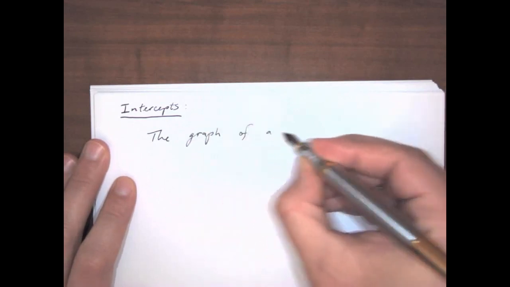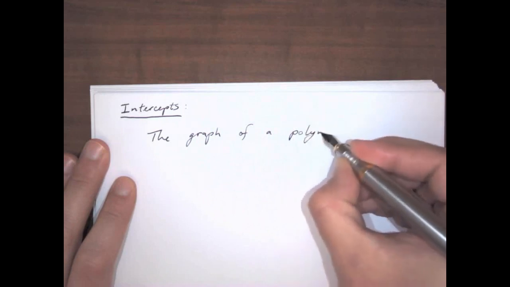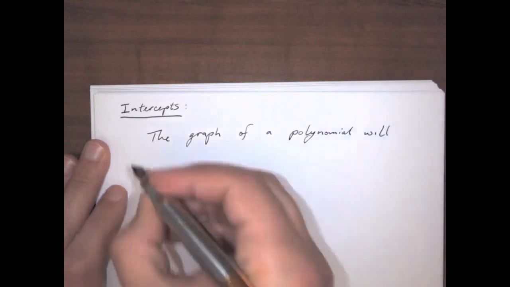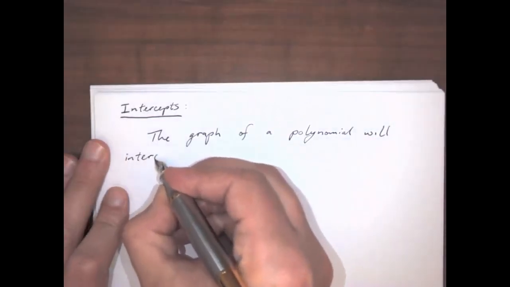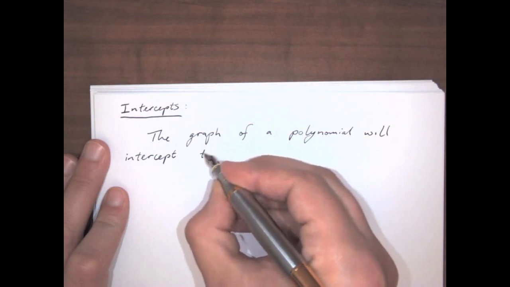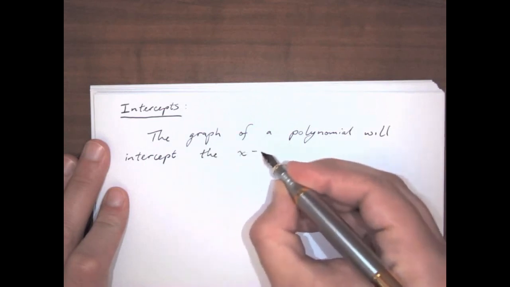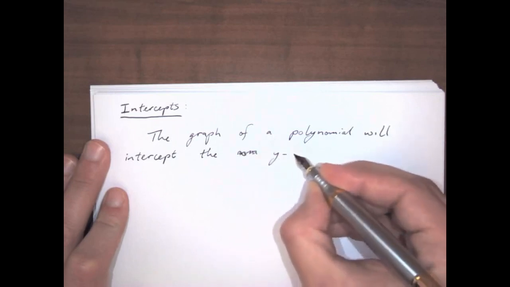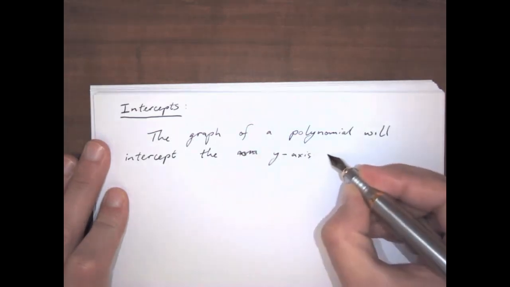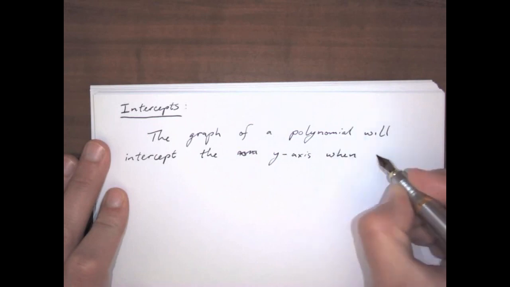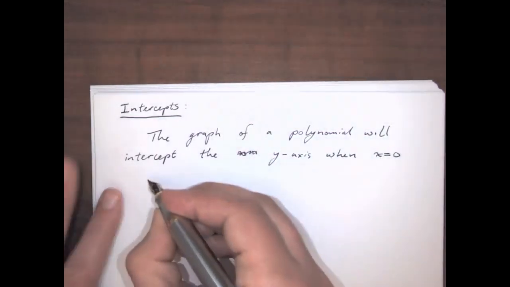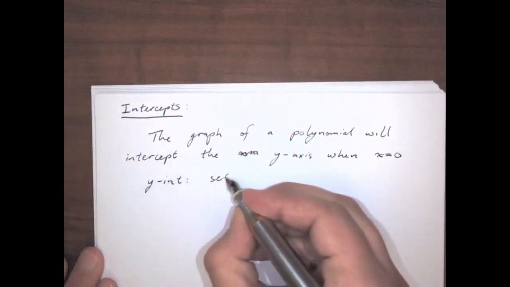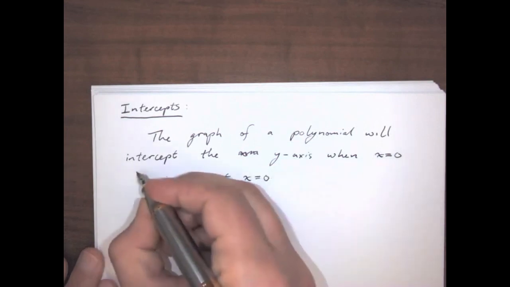The graph of a polynomial will intercept the y-axis when x equals 0. So in other words, to find the y-intercept, set x equal to 0.